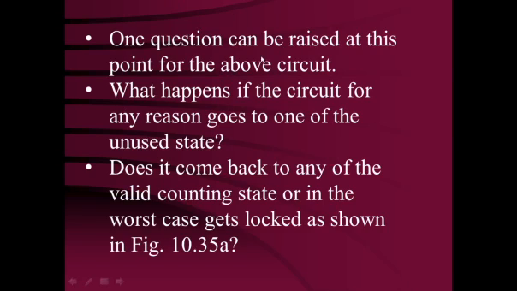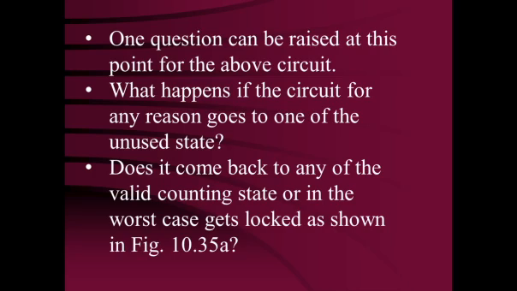One question can be raised at this point for the above circuit. What happens if the circuit for any reason goes to one of the unused states? Unused state means state number 6 or state number 7, that is 110 or 111. These states we have definitely skipped in our requirements.